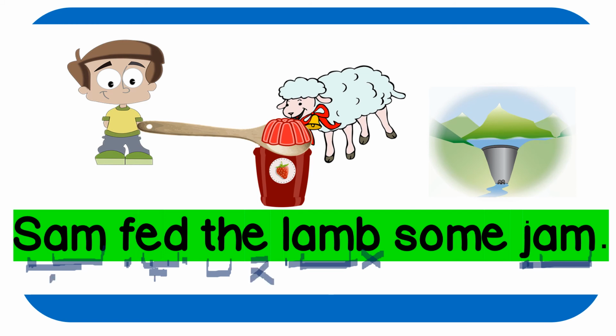Sam fed the lamb. Remember, the B is silent. Sam fed the lamb. E at the end, silent in this word. Last time we saw in she that the E at the end said E. Now in this one, the E at the end is silent.